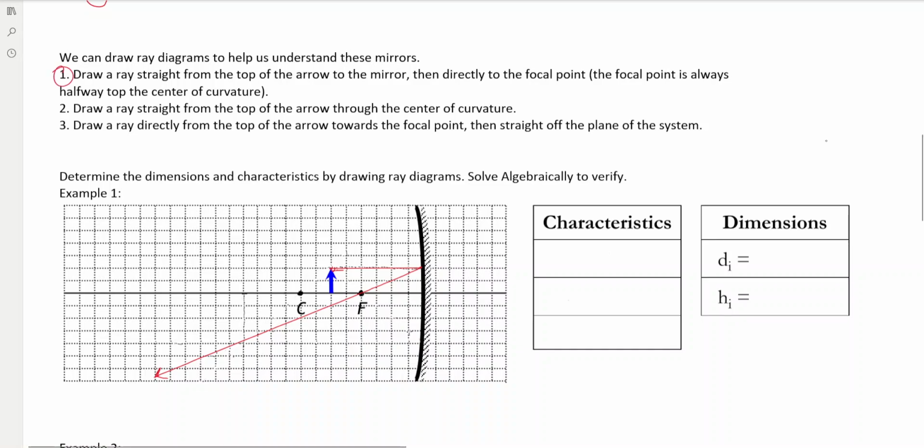Okay, next, I'm going to draw a ray straight from the top of the arrow through the center of curvature. And this may or may not be super easy to do when it's convex, but again, that's still not perfect.